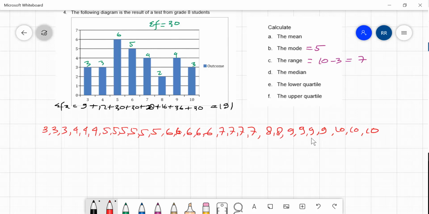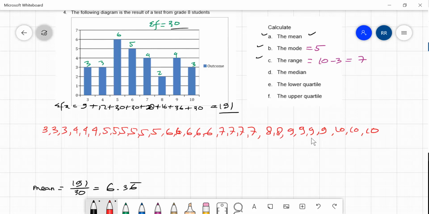Which means that the mean is going to be equal to 191 divided by 30. Simple as that. This one divided by this one. And if we change that into a decimal number, it will be 6.36666. So we have already got the mean, the mode, and the range.